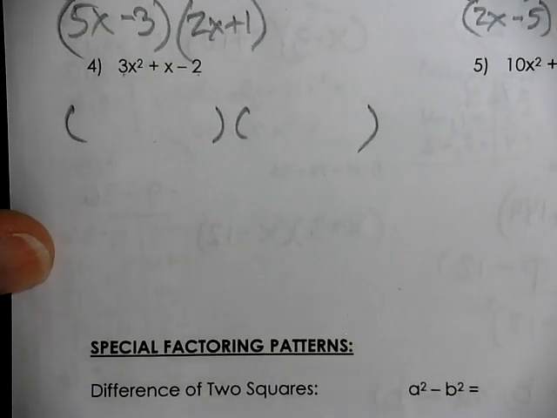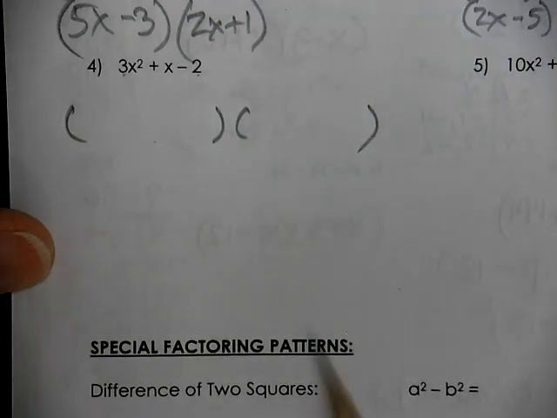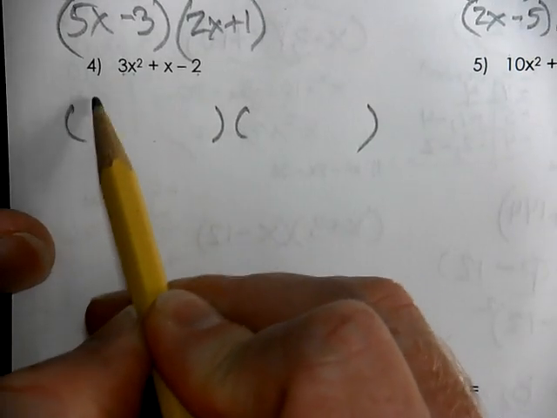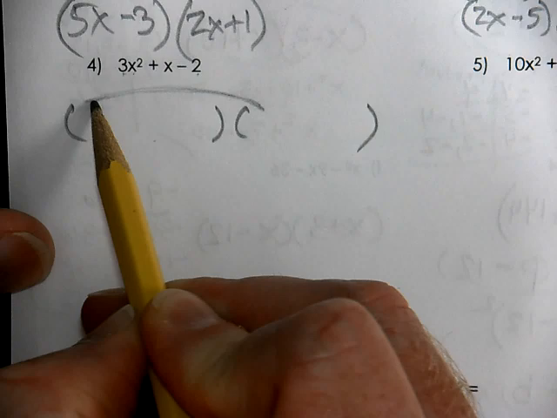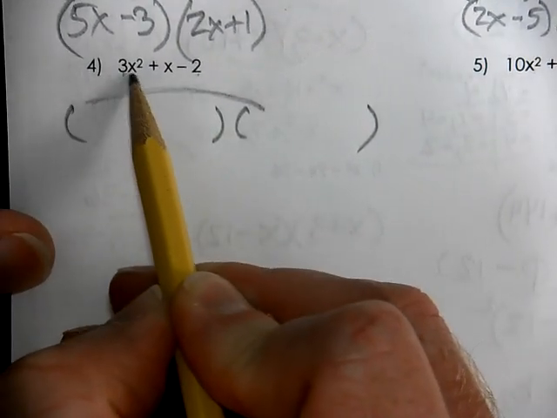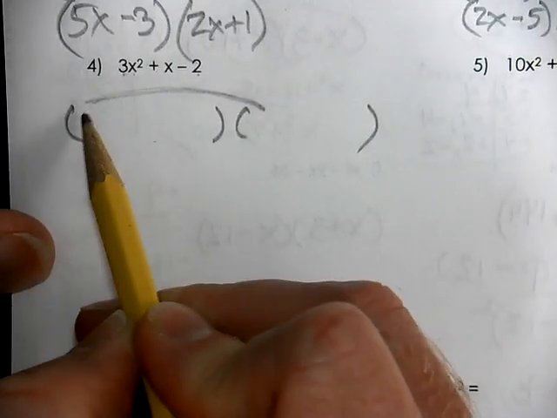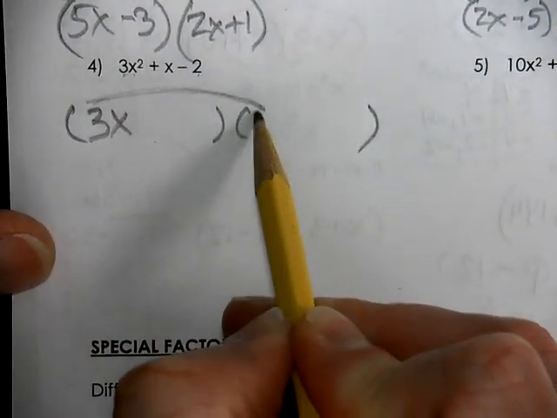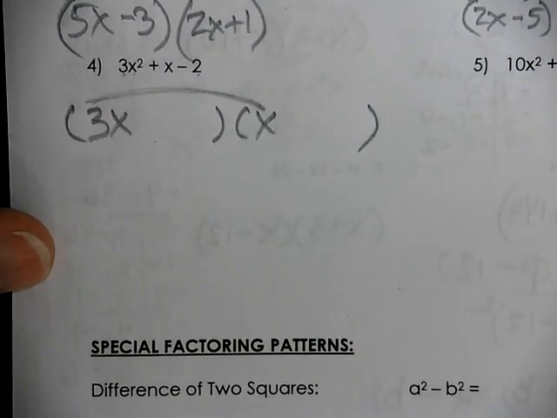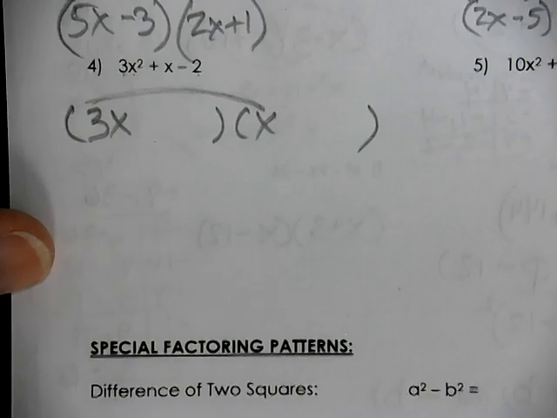So if I don't have to make a table and I don't have to think of all those calculations, this might be a pretty good method. What multiplies, if you're doing FOIL, what multiplies to give you 3x squared? It has to be 3x and it has to be 1x. That's the only way to get 3x squared.